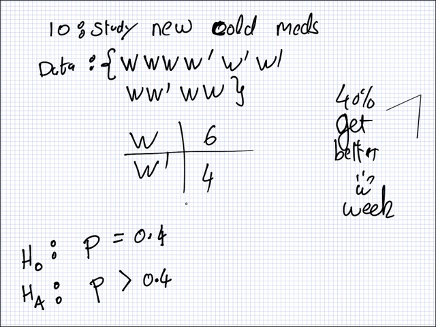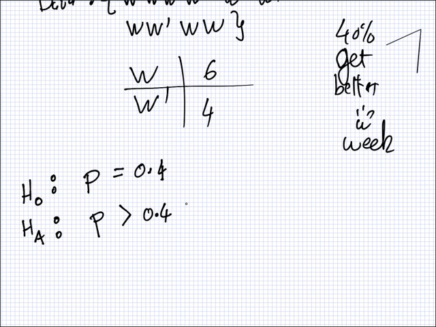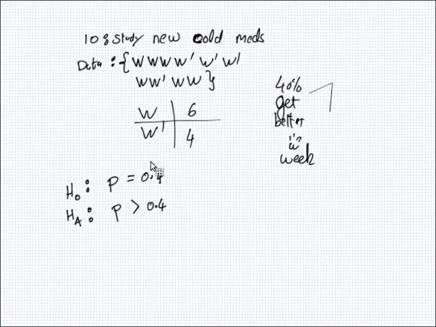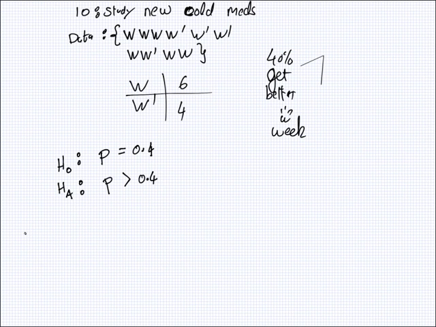So how do we calculate whether or not we should believe the null or the alternative? What we do is we calculate something called the p-value. Let me say what the p-value is.